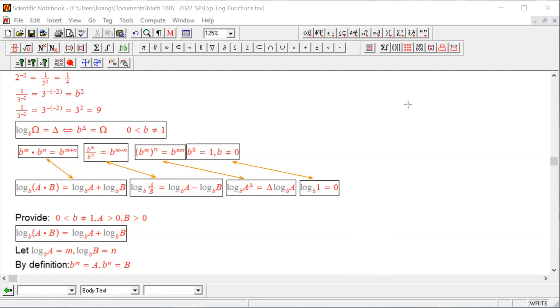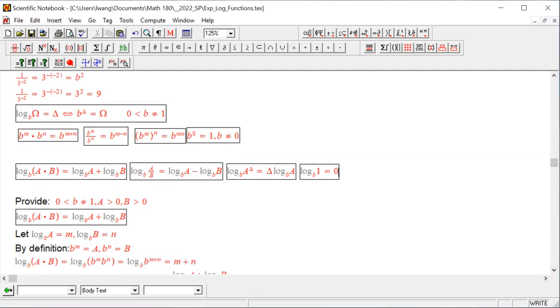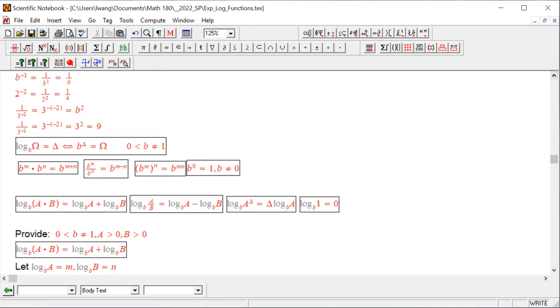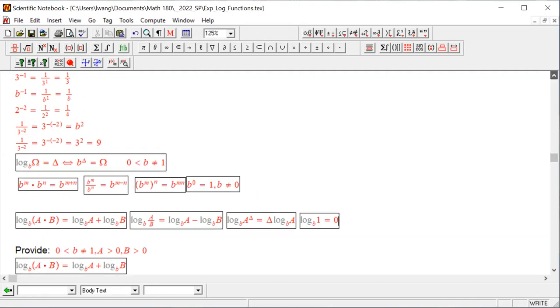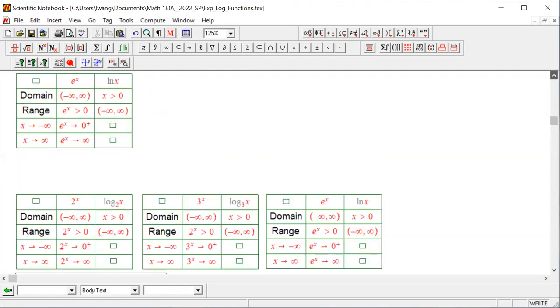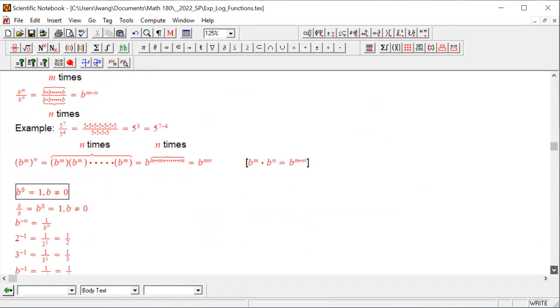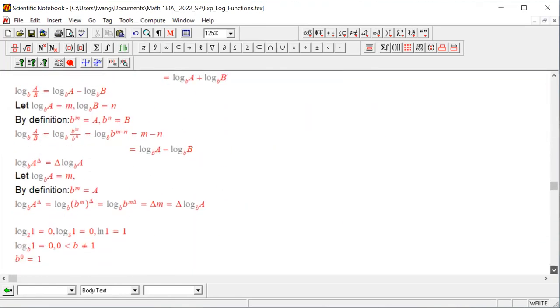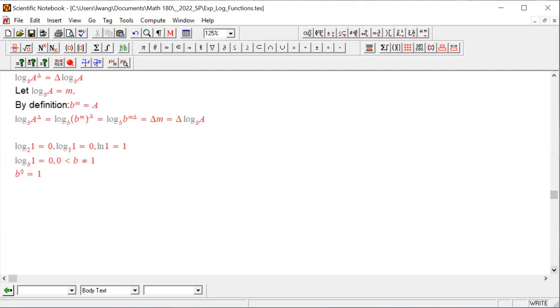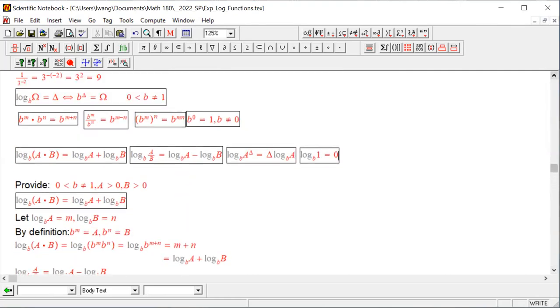All right, let's summarize what we have learned today in this lesson. We have reviewed exponential functions and logarithm functions. And in the end, we have reviewed all these algebraic properties about logarithm and exponential expressions.